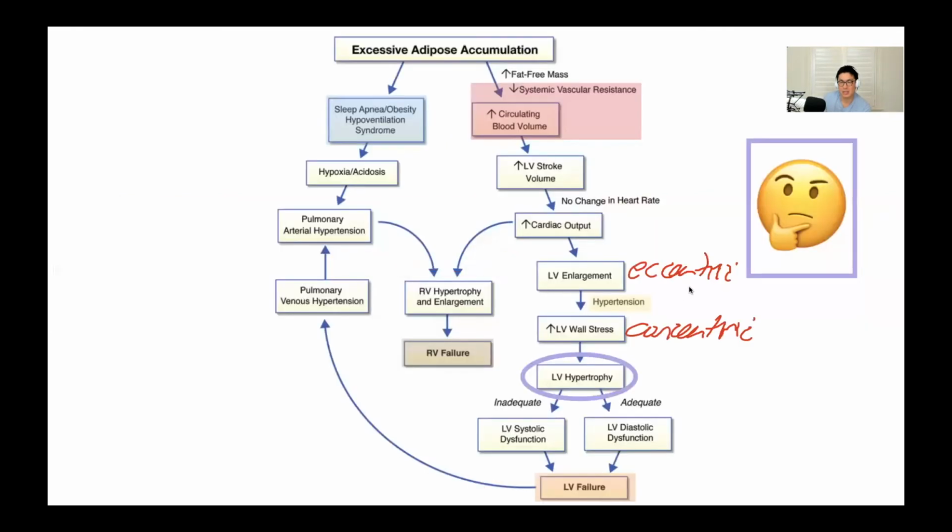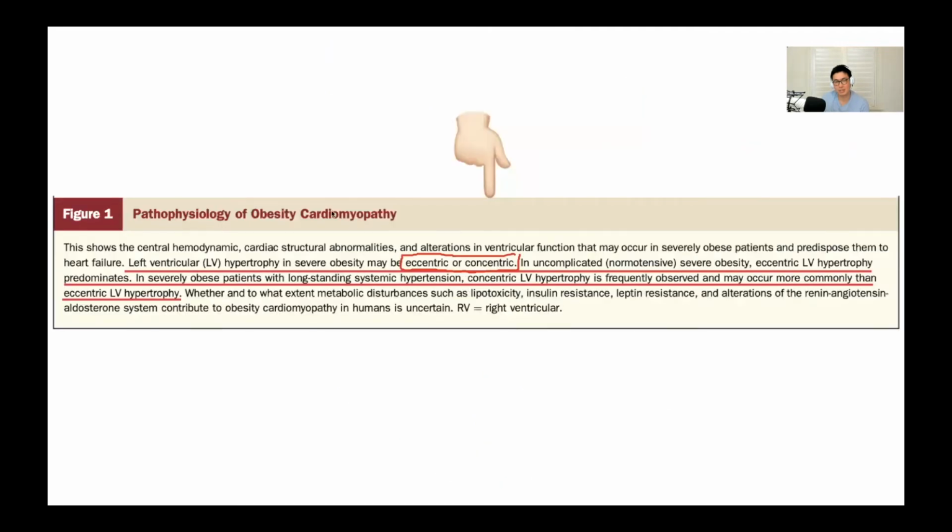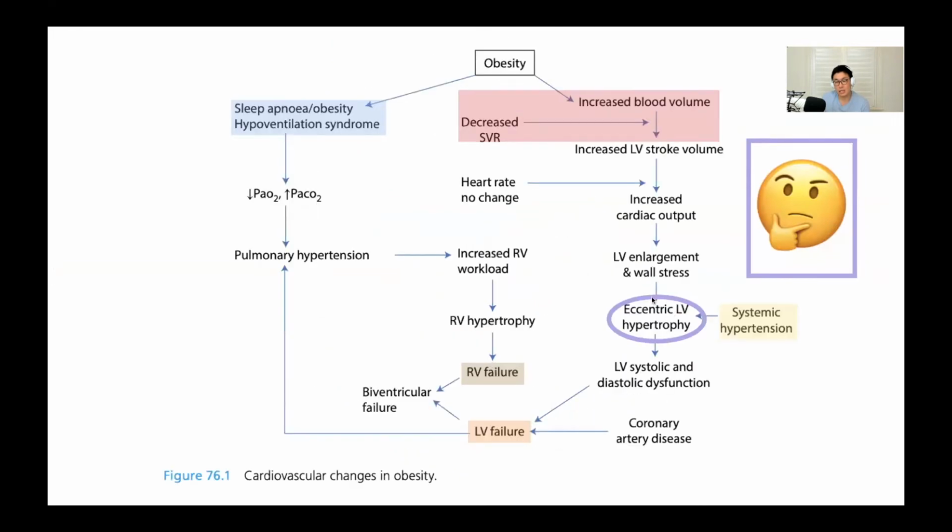So going back to this again, if you have normotensive obese patients, so they don't have the activation of their renin-angiotensin-aldosterone system, eccentric will predominate. But once you've got activation of your RAAS, you get hypertension, and then after that you get concentric. All right, so this is the explanation here, which means that this one here from Power and Cam, I don't think gives the complete picture.